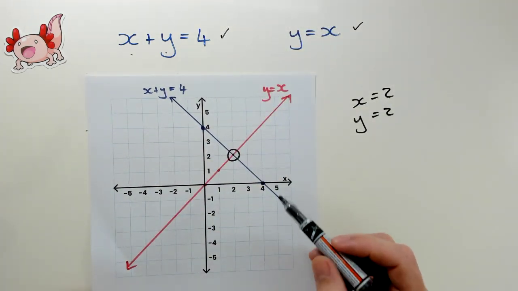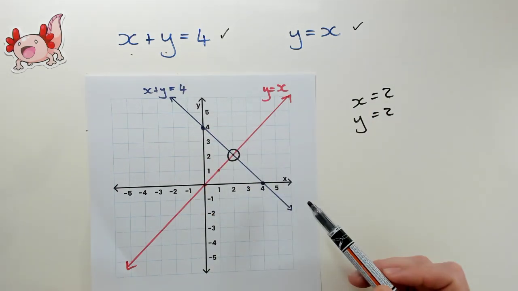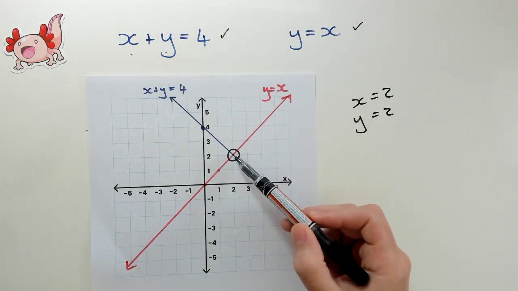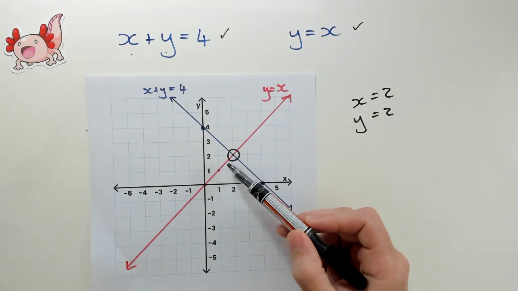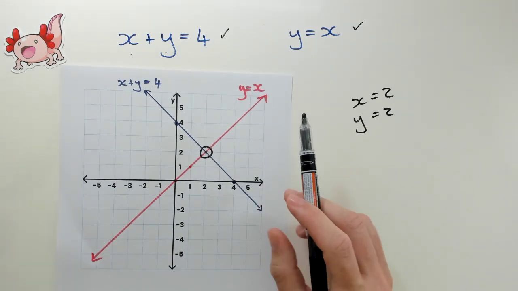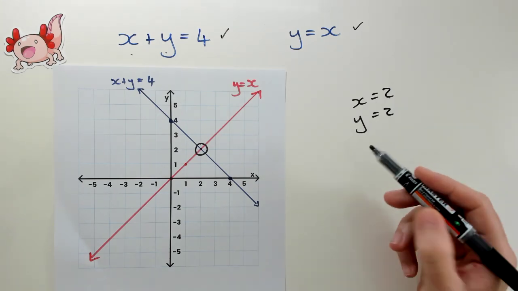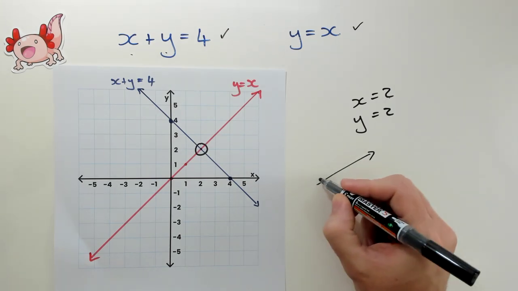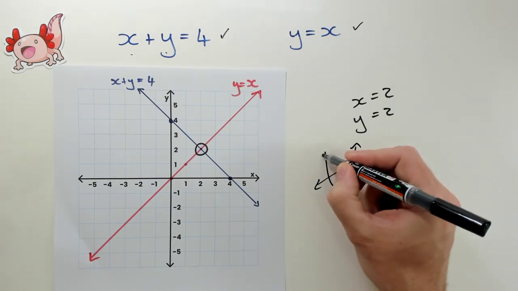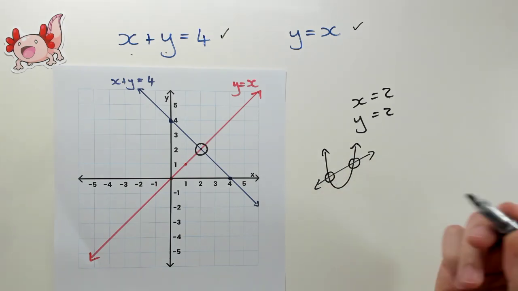So in this case, I had to draw the lines and find where they cross. Now this is very, very important. Later on in the course, we're going to give you a straight line and a parabola. They're actually going to cross at 2 places, and we're going to look at that.